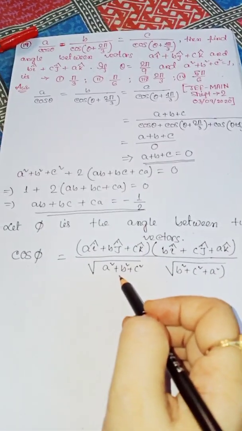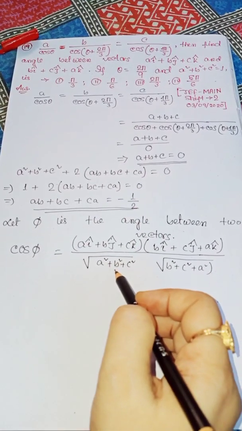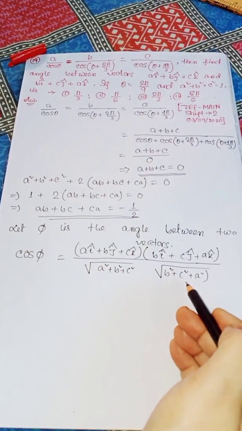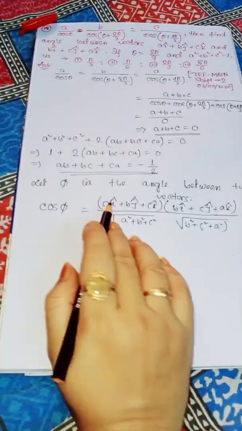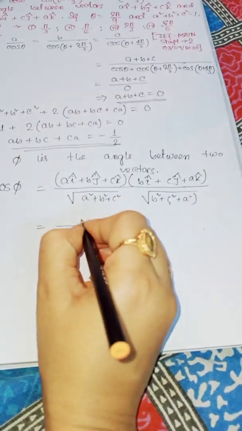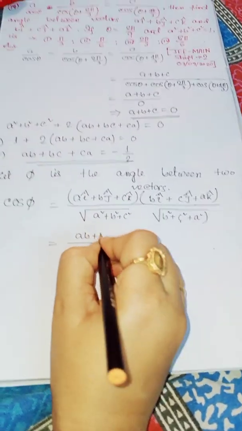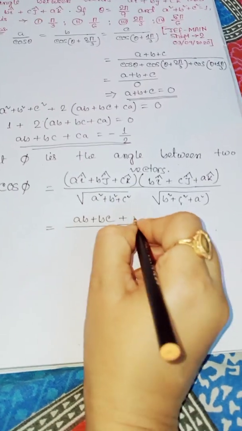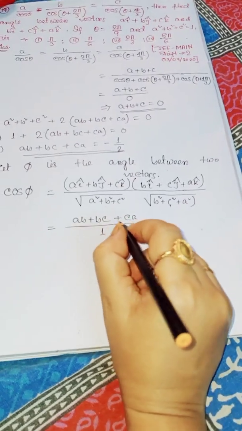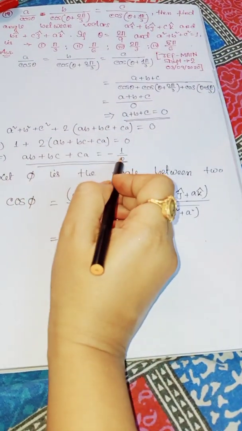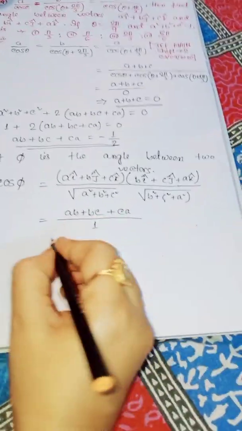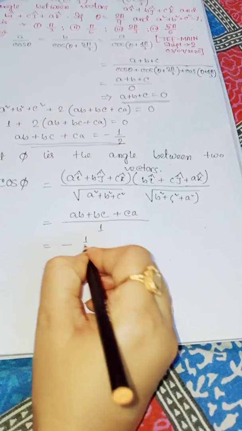It is known to us that the first is equal to 1 as given, and similarly the second is also 1. So calculating the numerator, we get AB plus BC plus CA, because the denominator is 1 here, and AB plus BC plus CA, we know, is minus half.